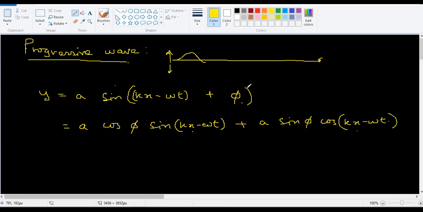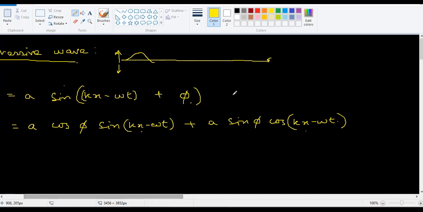So phi is the initial phase. What do you mean by initial phase? Suppose you have two different waves. This is one wave, and let's say this is another wave.